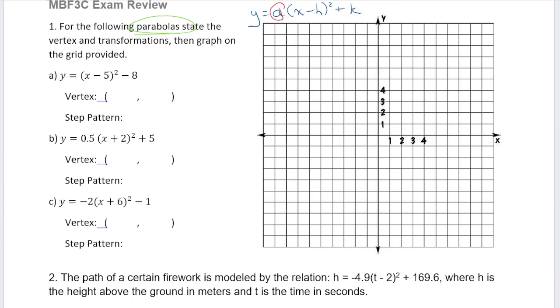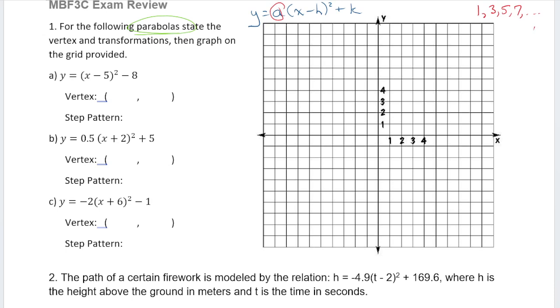So a, that modifies our step pattern. So our normal step pattern, 1, 3, 5, 7, and so on, is how much a parabola goes up every time we go over 1, left or right, because it's symmetrical. If a is a number bigger than 1, then it'll grow faster.